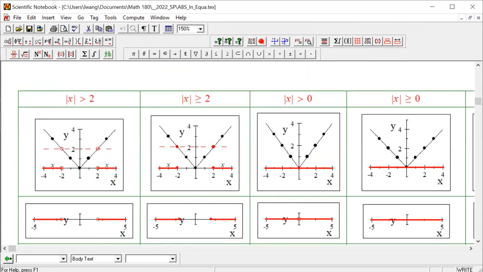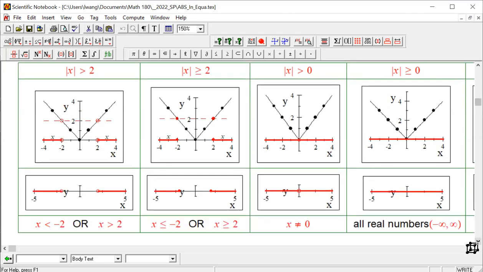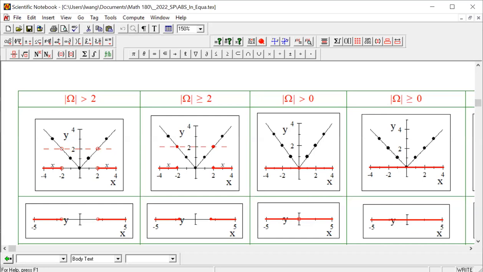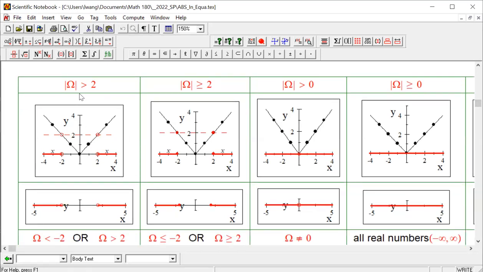All of these cases, you can see at the end of the solution, we could isolate the variable itself and get rid of the absolute value sign. Here we have the absolute value sign, here we don't.